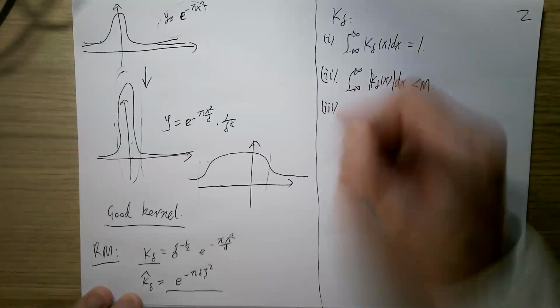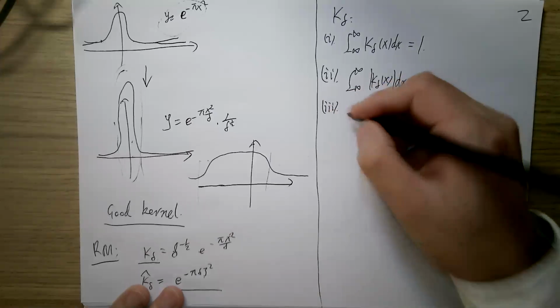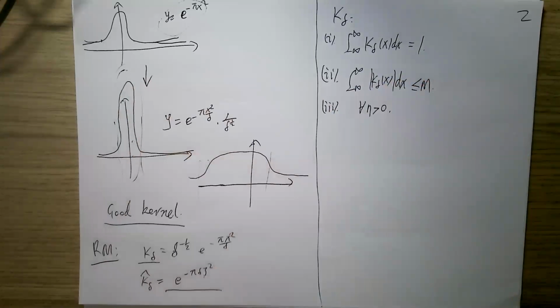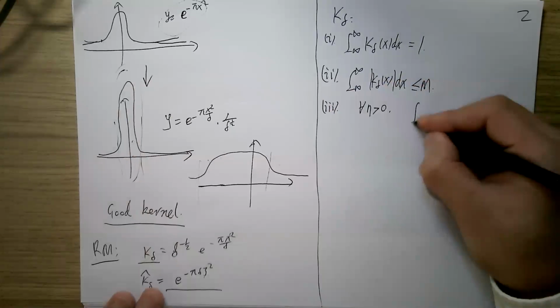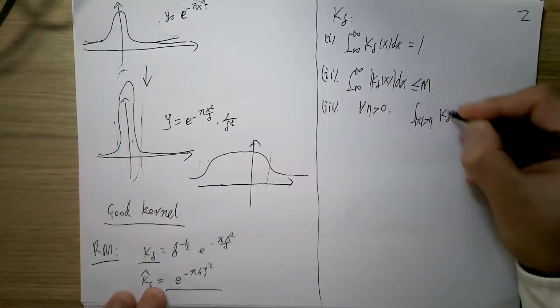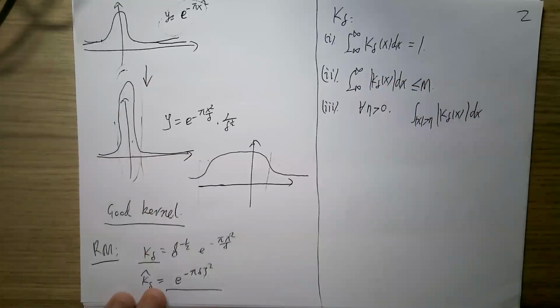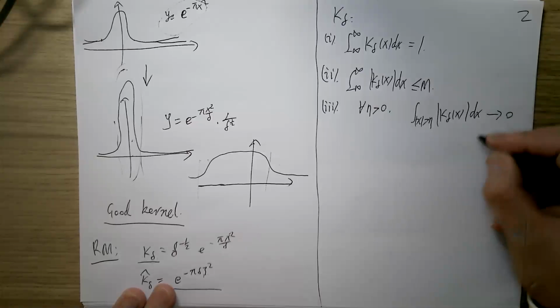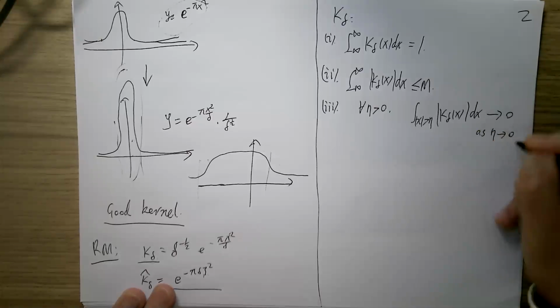And the third, if you have any eta which is greater than 0, and you do a cutoff at the origin, and then you take this integral, then you can see that eventually everything will squeeze, and you will have nothing left outside this cutoff. It tends to 0 as delta tends to 0.